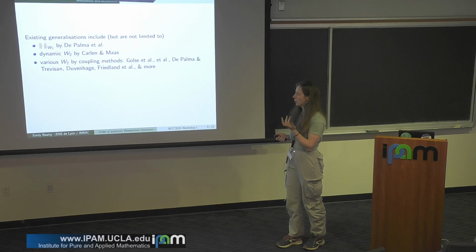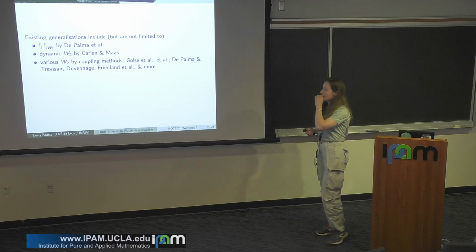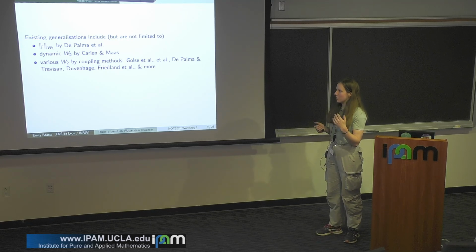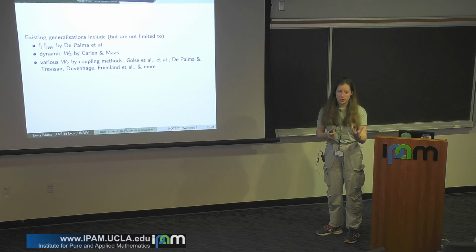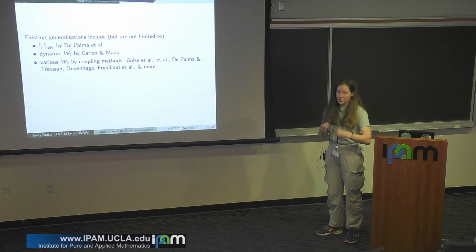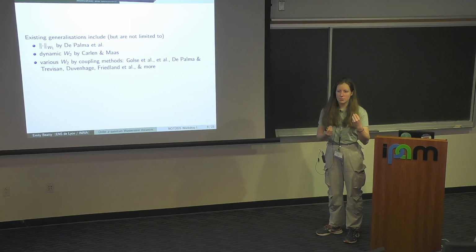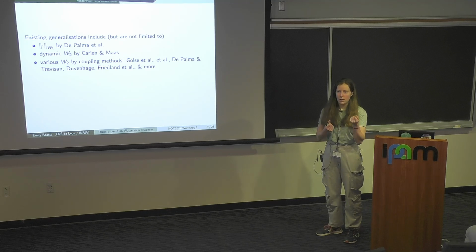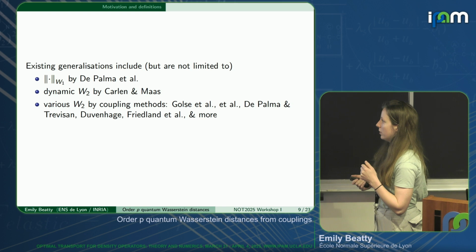So what's been tried so far? Essentially, the situation we're in is that every kind of existing definition of a quantum Wasserstein distance has chosen one of these desirable properties to sacrifice. So there are a number of really excellent definitions which cover specific cases.